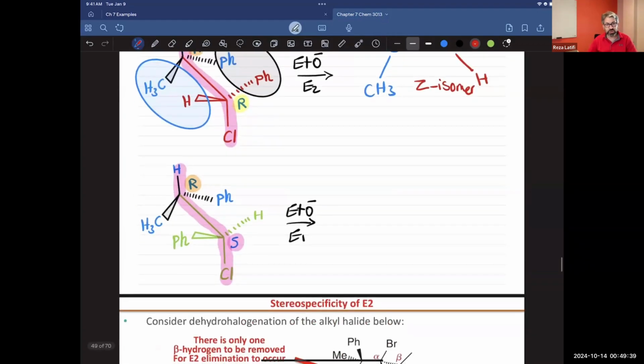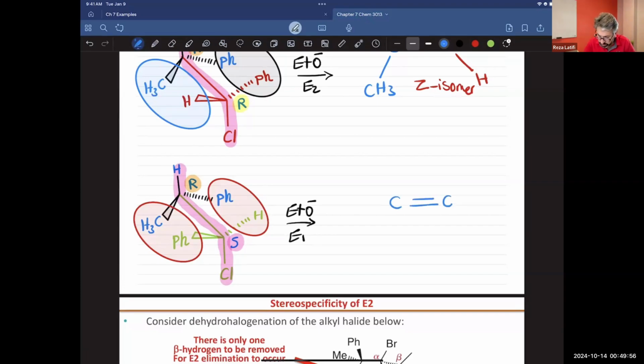Okay, and if we run this for the second molecule, we're going to get this. Again, we have a carbon attached to another carbon through a double bond. The front carbon has hydrogen, and we have a phenyl down there. The blue phenyl will be on the same side as hydrogen, and the methyl will be on the same side as the phenyl.